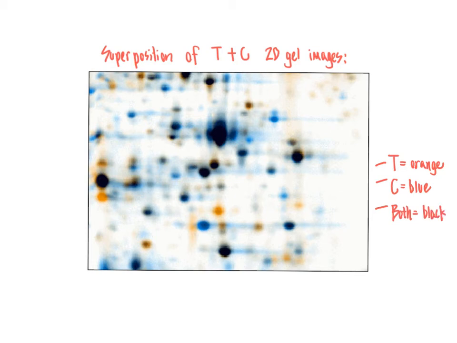So then from there, at this point, the experimenter wouldn't know what the identity of a particular protein of interest is. Like, say, hypothetically, this particular protein that's quite orange and hence heavily enriched in the treatment, we wanted to know what is the identity of that protein, or this protein for that matter, or any of these proteins. How would we go about doing that?